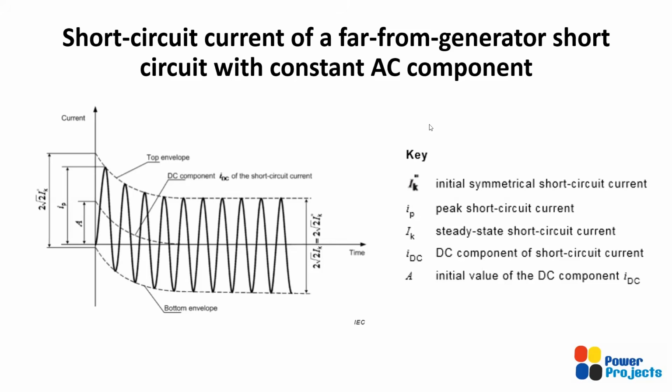Probably you can see here there are two different fault currents: one is an exponentially decaying DC component and the other is a symmetrical component. The symmetrical sinusoidal component remains the same; only the exponentially decaying DC component comes down, because this fault current is limited predominantly by the impedances of transformers, transmission lines, etc., because the fault is far away from the source.